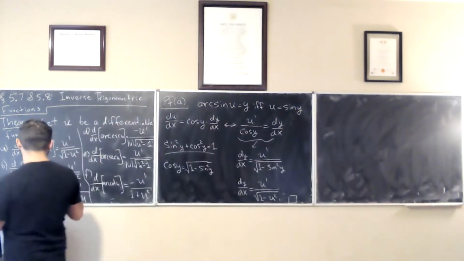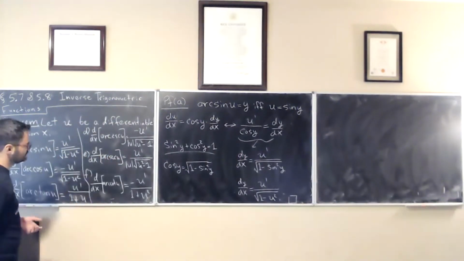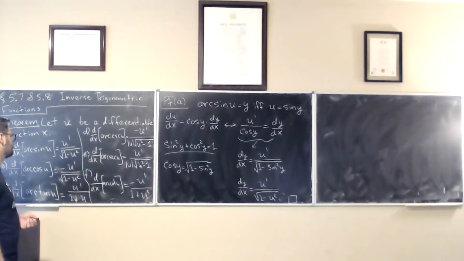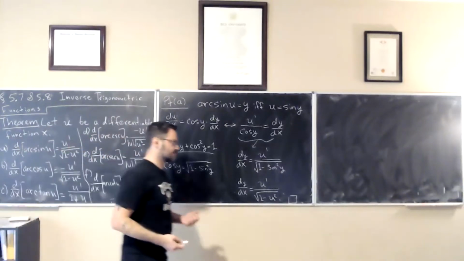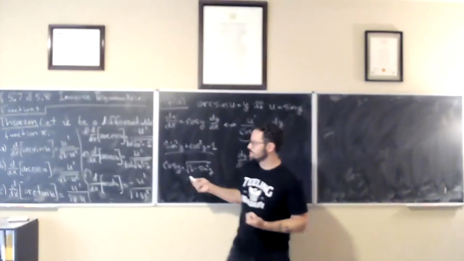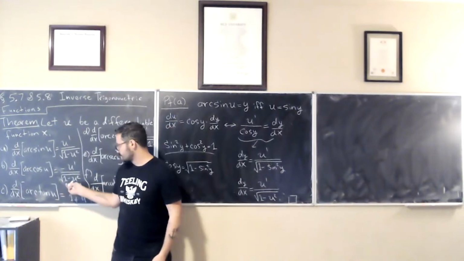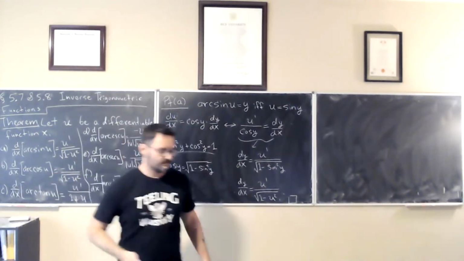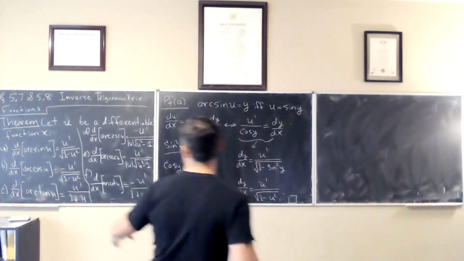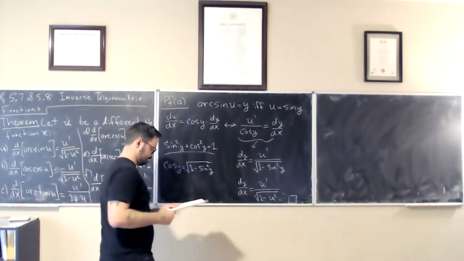One of the biggest use cases that I've encountered is that these forms pop up a lot when you're trying to take integrals, and the antiderivative of something that looks like this is that. So you know how to integrate these things when they have this type of form.